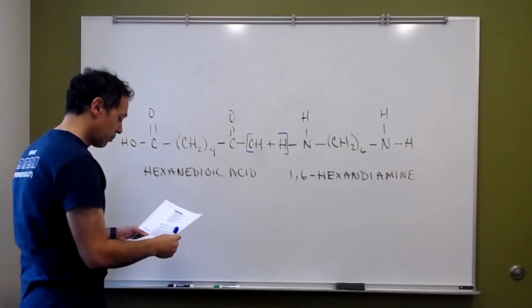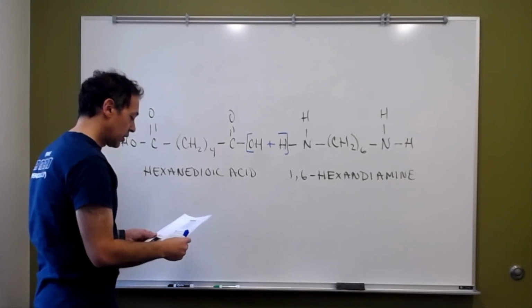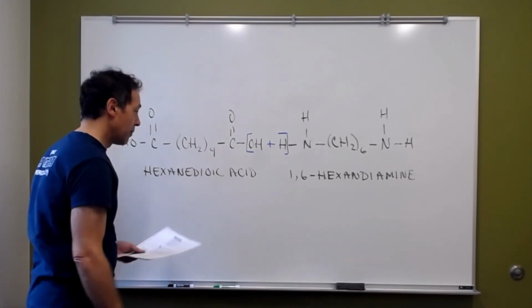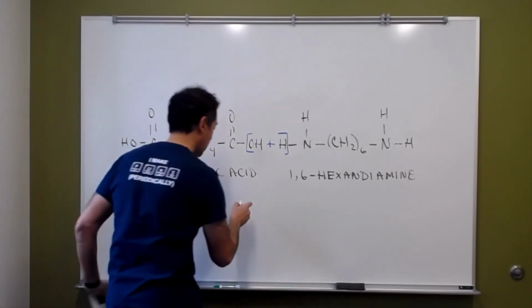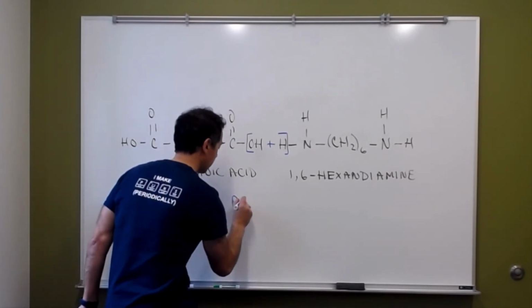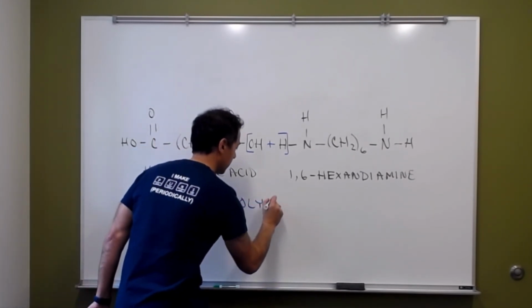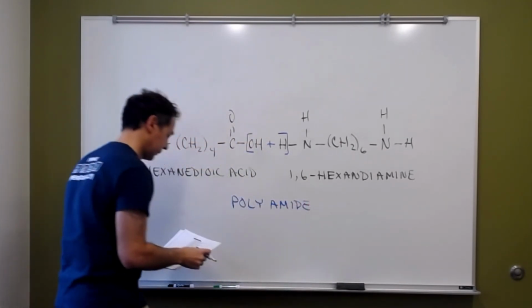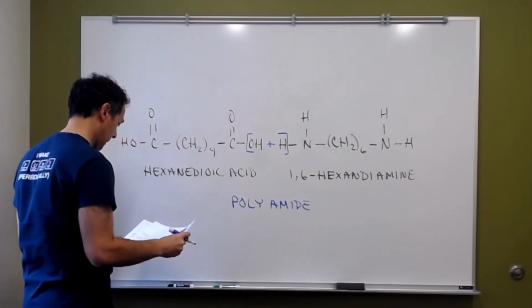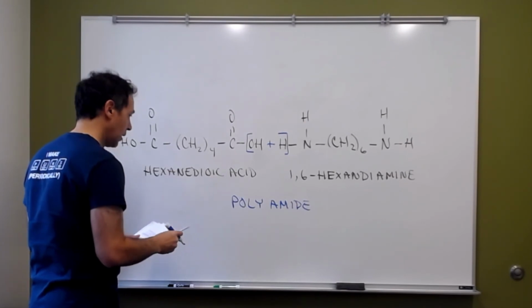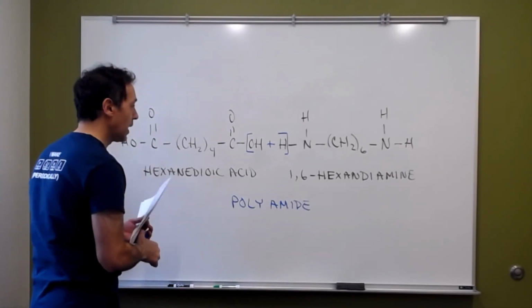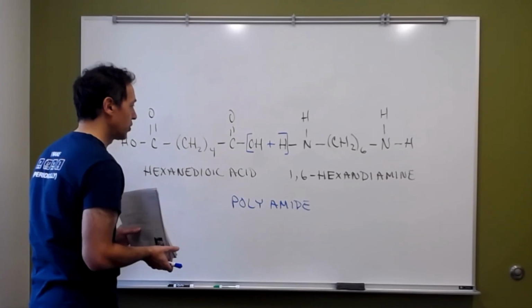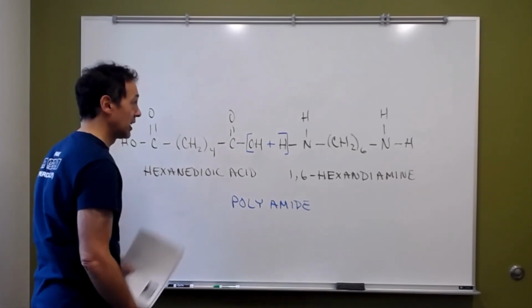And this big, long polymer is a polyamide. Okay, so this becomes a polyamide. And this polyamide becomes what's known as 6,6 nylon.